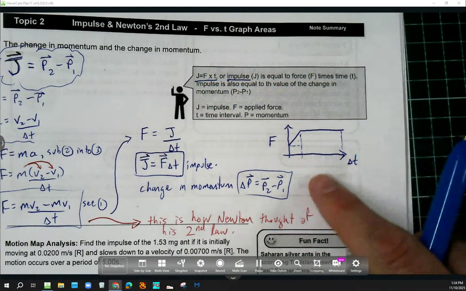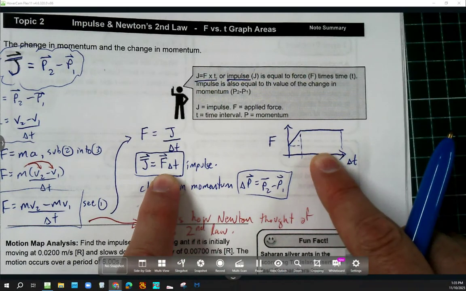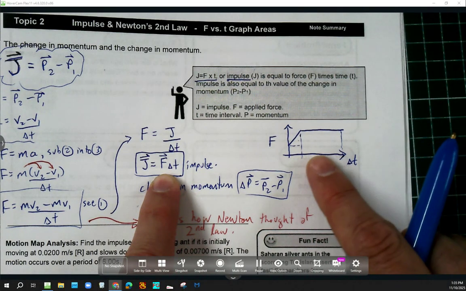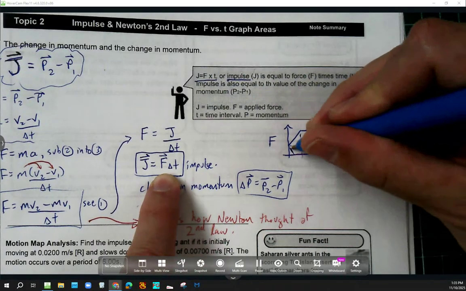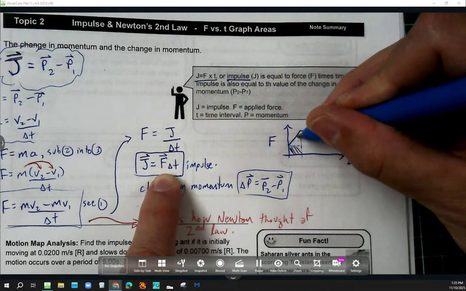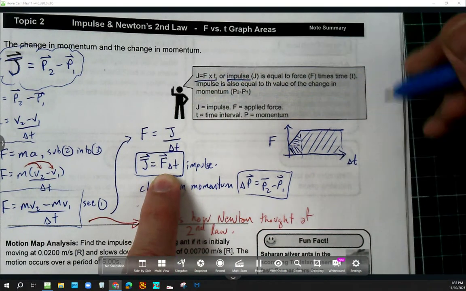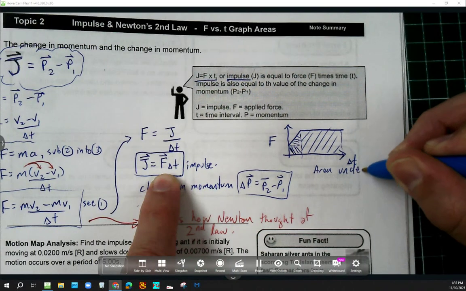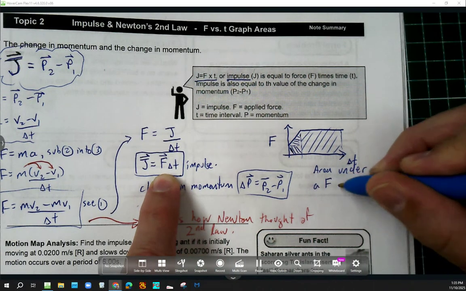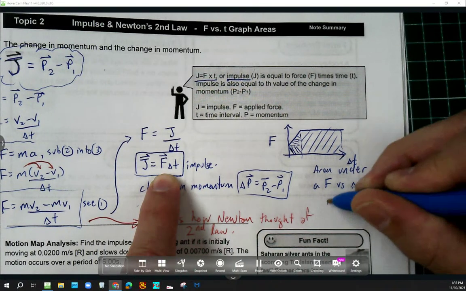The idea here is that if I was going to calculate the area of that rectangle, it would be force times time. You see that? That height would be a measurement of force, and the base would be a measurement of how much time has gone by. So when I calculate the area under a graph like this, making that geometric connection, this tells us that the area under a force versus delta t graph is impulse.